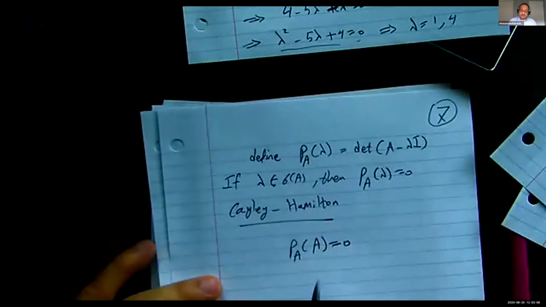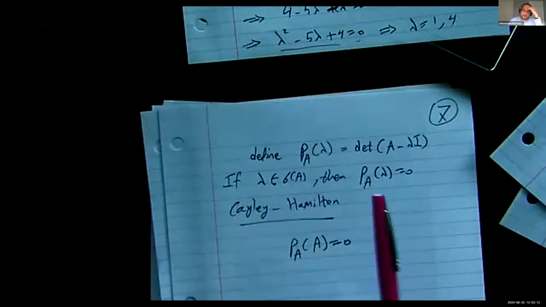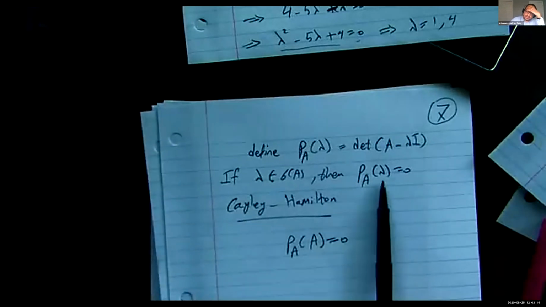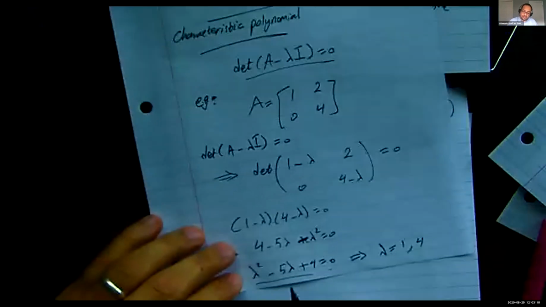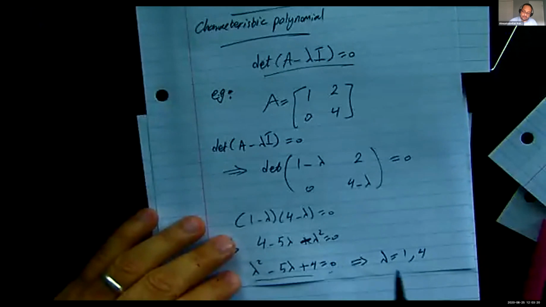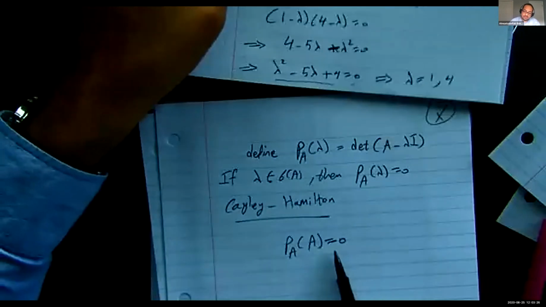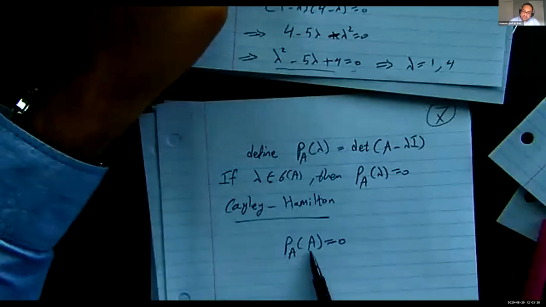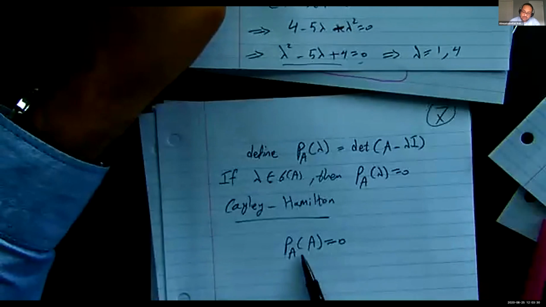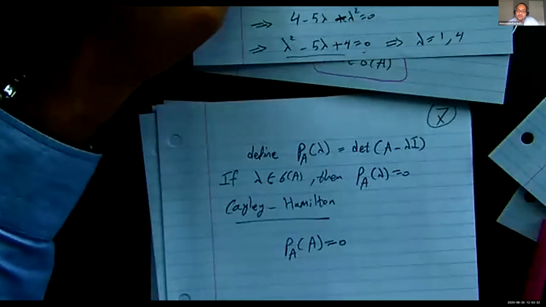I mean, if you substitute instead, so look here. If you substitute by lambda in the characteristic equation here, if you substitute by these lambdas, you will get 0. Cayley-Hamilton also said that if you substitute by A in the characteristic equation, you will also get 0.